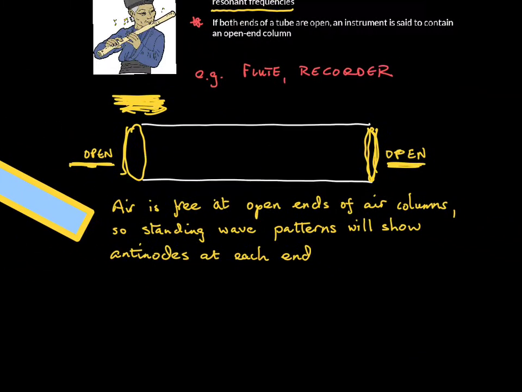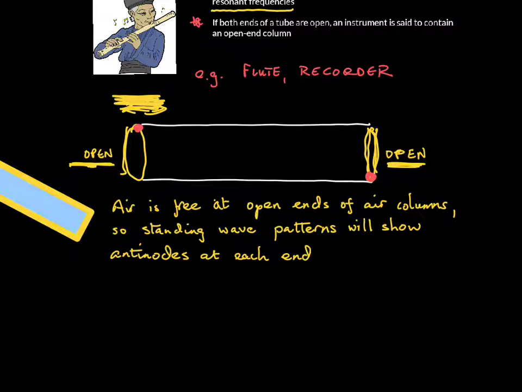So if we go back here, if the air is free to vibrate, and we draw this in a standing wave pattern, we would expect to see maximum displacement at the ends, because the air is free to vibrate. Now, what happens in between?